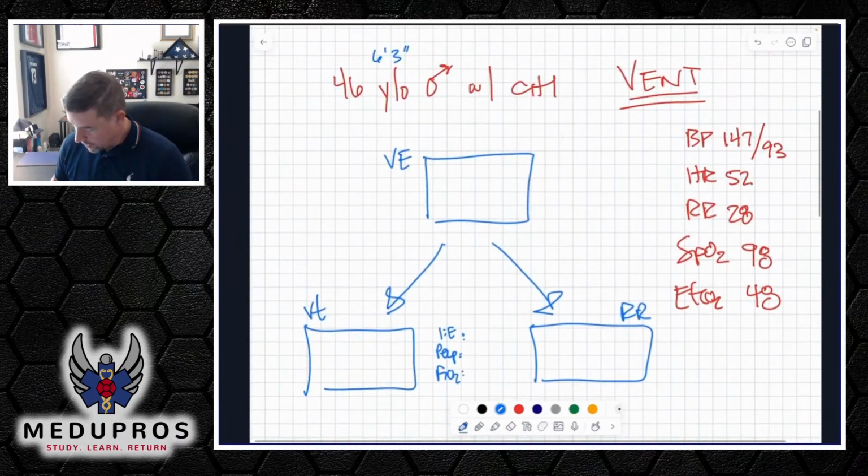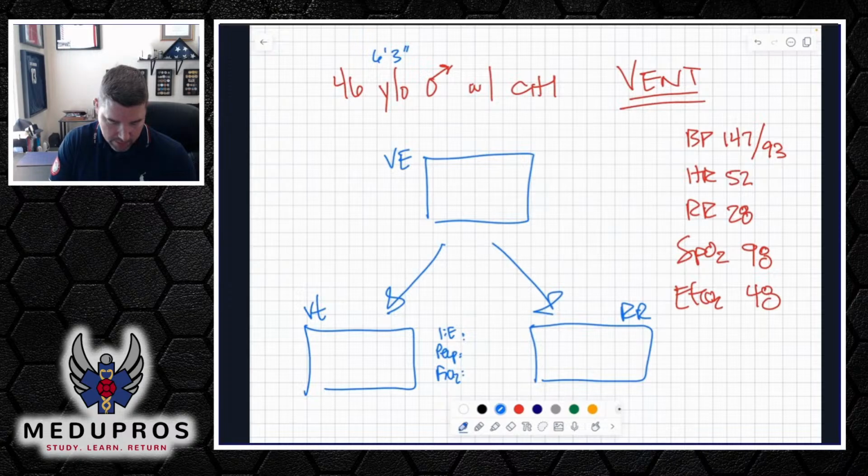Okay. All right, so 6'3". The way that I typically train folks to do it is to take their height and use the Devine formula for ideal body weight. So here we have 6'3". I take 5 feet away.